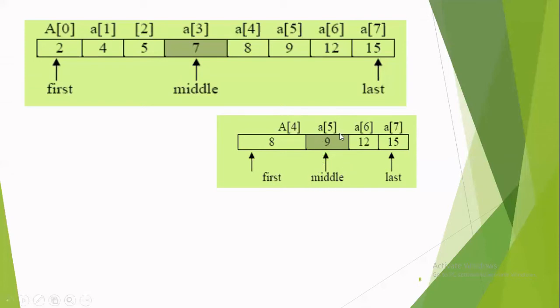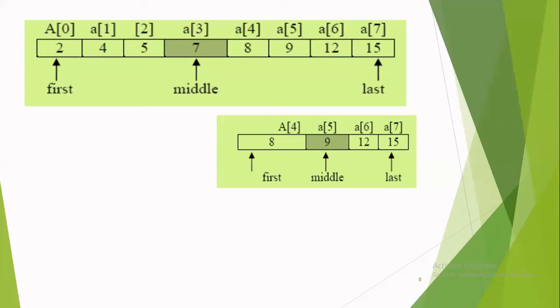So the middle element is now compared with the given search element. After comparison, we found that the middle element is not the same as the search element, but the middle element is lesser than the search element. That means 12 is greater than 9.